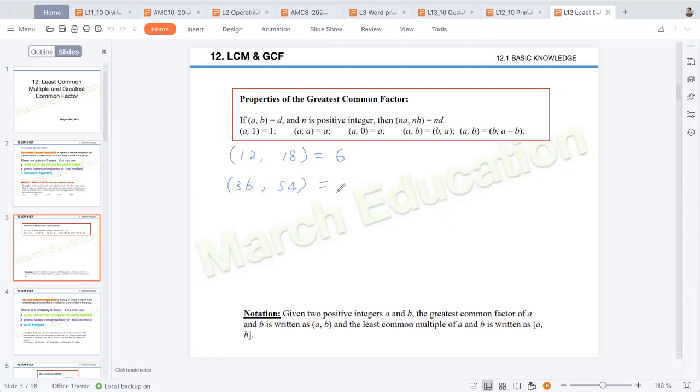Should equal to 6 times 3 equal to 18. Because this equal to 3 times 12. This equal to 3 times 18. So the greatest common factor of these numbers is 3 times 6. I write in this way.